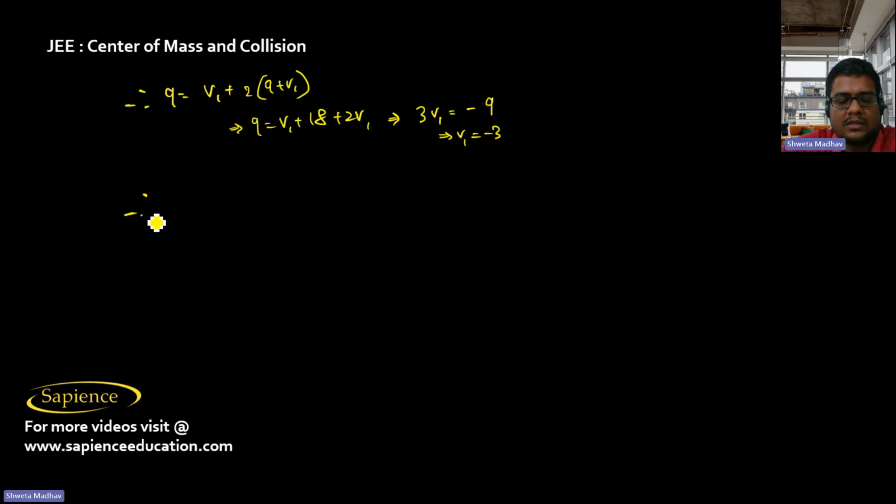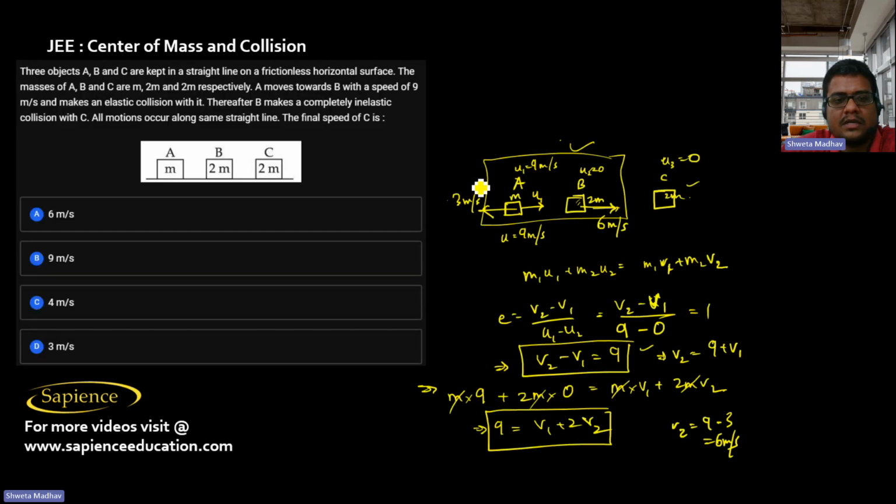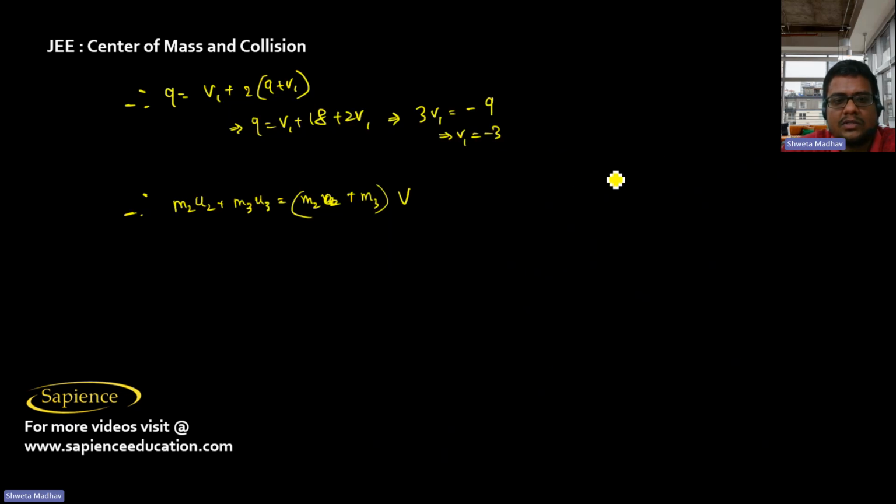So therefore, here also we can say that M2 U2 plus M3 U3 is equal to M2 plus M3 into V. Since it is a completely inelastic collision, V2 dash will be equal to V3 dash, which is equal to V, suppose.